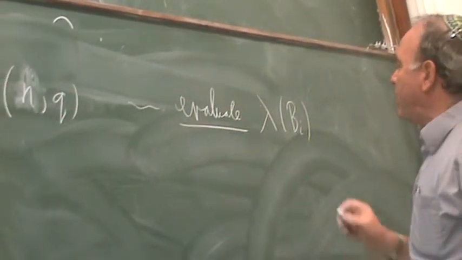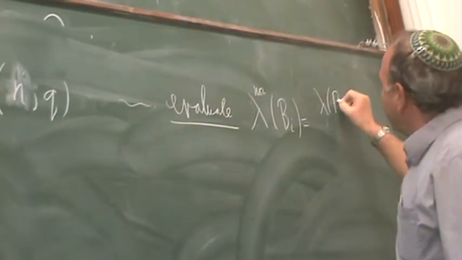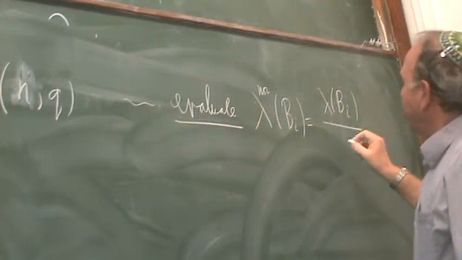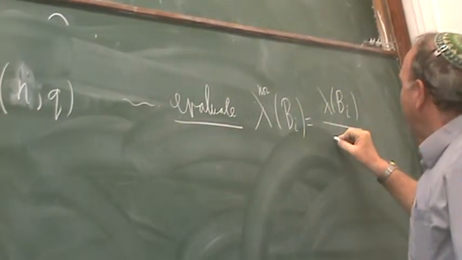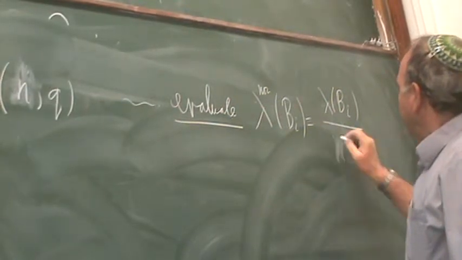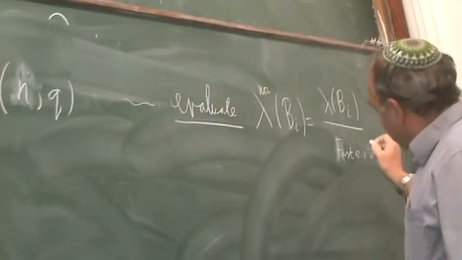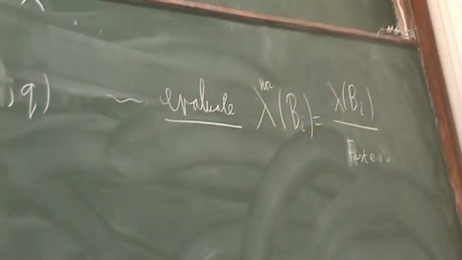The normalized lambda is really the second largest eigenvalue of B_i divided by the first eigenvalue. The first eigenvalue is not that difficult to compute. It needs some work, but it's not difficult, because let's see what I mean by that.